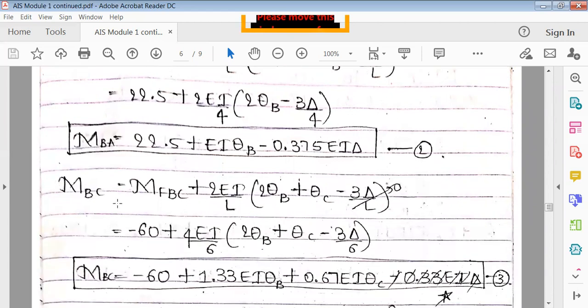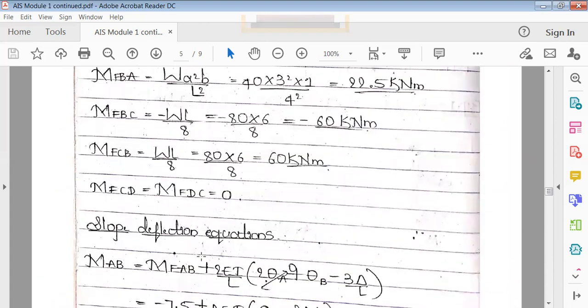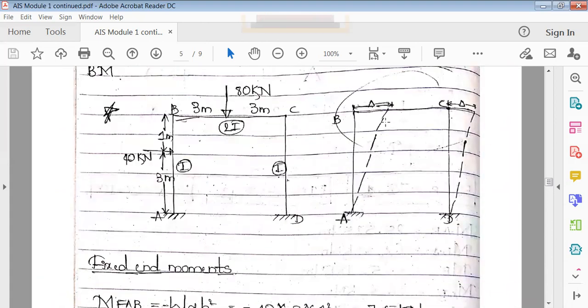Likewise, third equation, MBC is equal to MFBC plus 2EI by L, 2 times theta B plus theta C minus 3 delta by L. Now see here, what we are going to do is equate 3 delta by L to 0. Why are we equating it to 0? Because only the columns are moving. Only AB and CD are moving, changing their position.